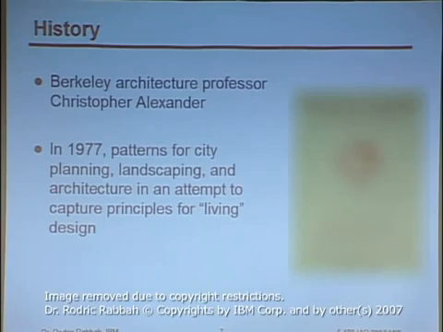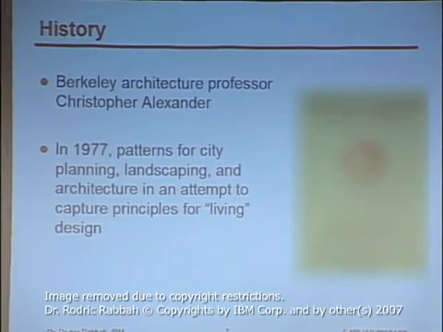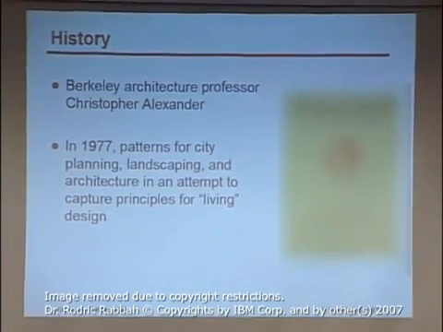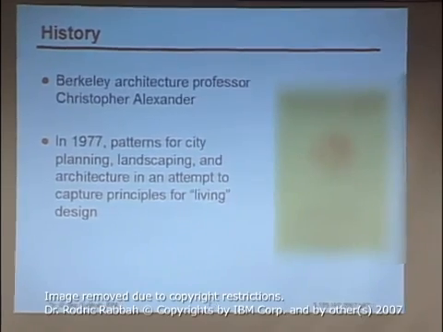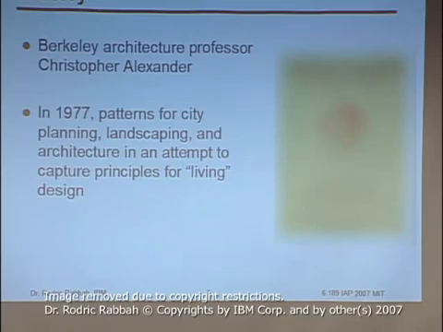So, a brief history, I found this in some of the talks I was researching. There was a book by Christopher Alexander from Berkeley in 1977 that actually looked at classifying patterns, or really listing patterns from an architectural perspective. They tried to look at what are some patterns that occur in living designs and buildings and recording those.